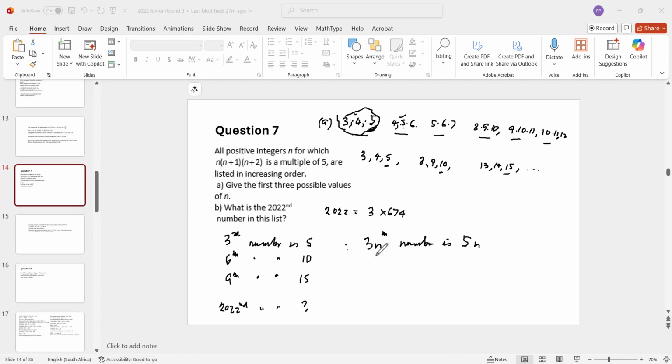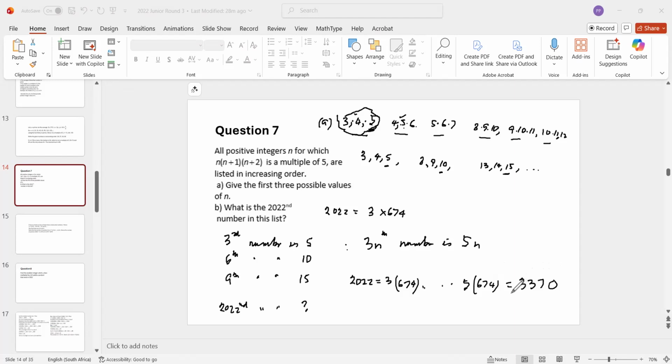So now we want 2022, and 2022 is 3 times 674. That number will be 5 times 674. See, the 3nth number is 5n. Therefore, that number is 5 times that. And that is 3370.